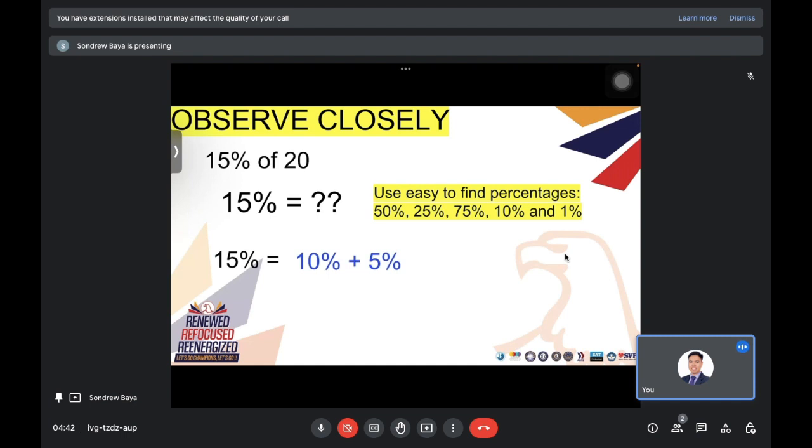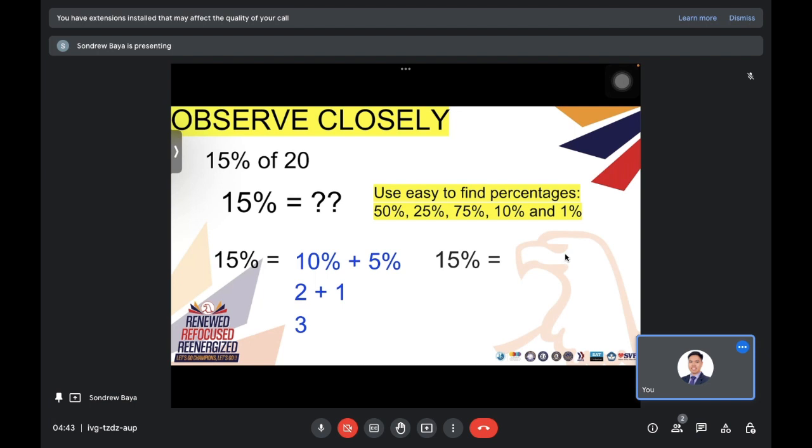You just have to move the decimal place to the left, one space. So 10% is 2. And 5% is half of 10%. So half of 2 is 1. Therefore, 10% is 2, 5% is 1. And this will just give us 3. So 15% of 20 then is equal to 3.